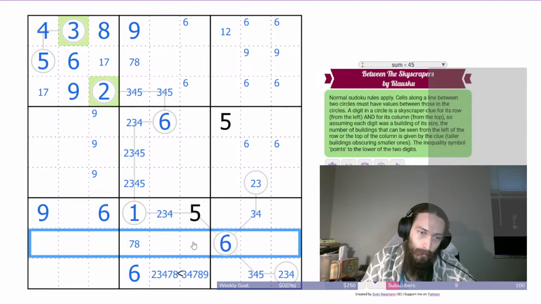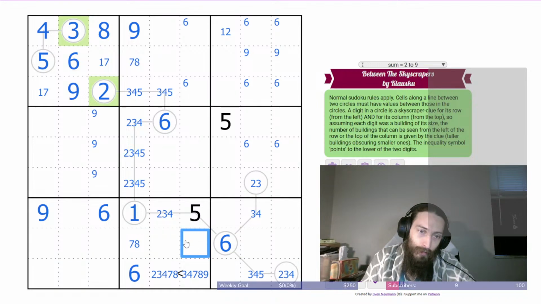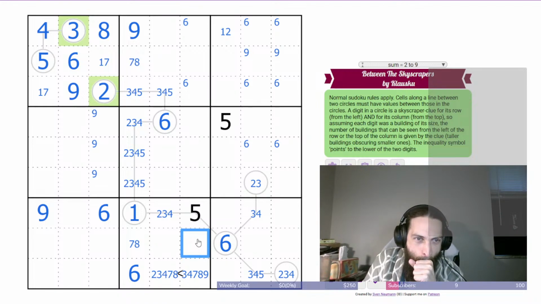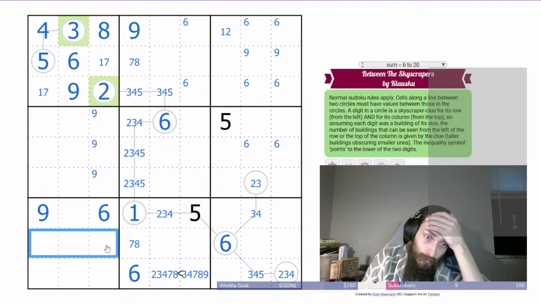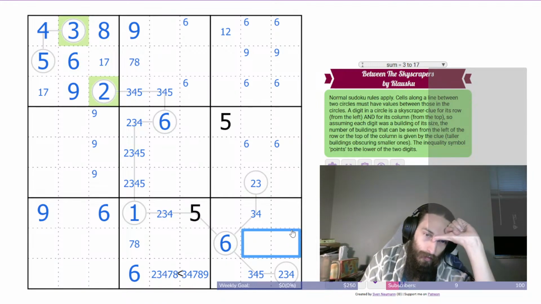In this row, if this was 9, this would have to be 7, 8, 9. You can have the 9 after the 6 and be just fine.